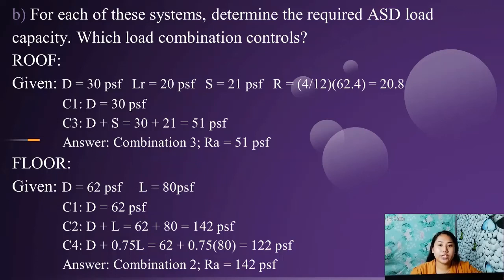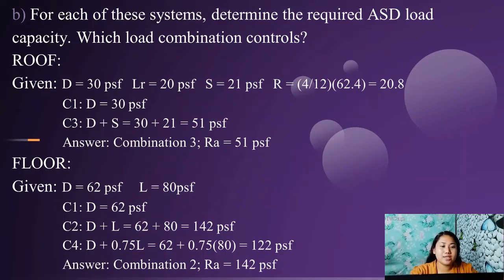Letter B. For each of these systems, determine the required ASD load capacity. Which load combination controls? Roof. Given is D equal to 30 pounds per square foot. Then roof live load 20 pounds per square foot. Then S is 21 pounds per square foot.